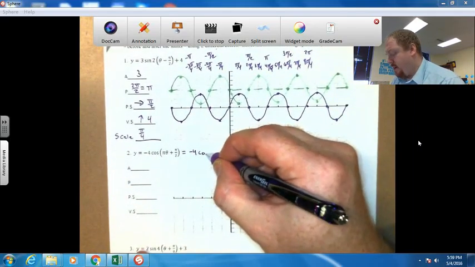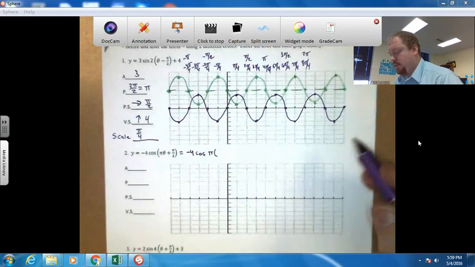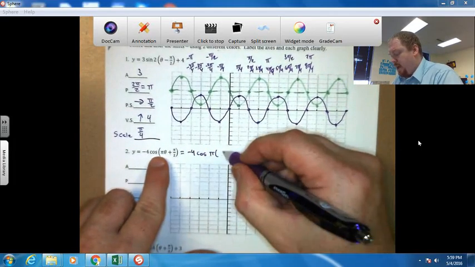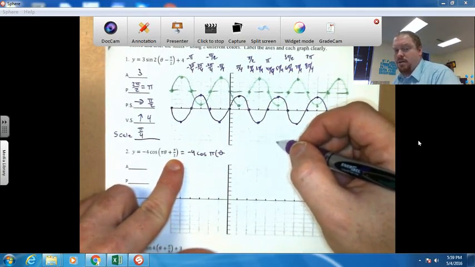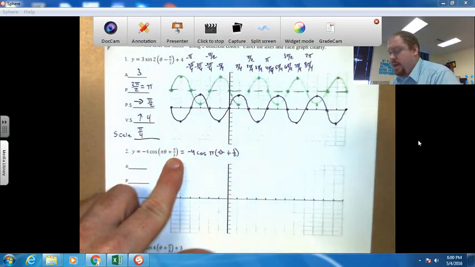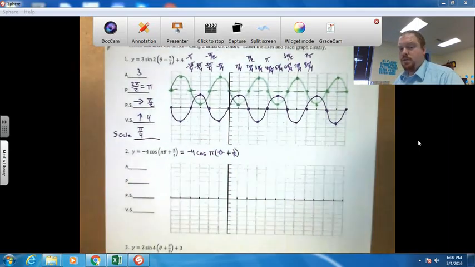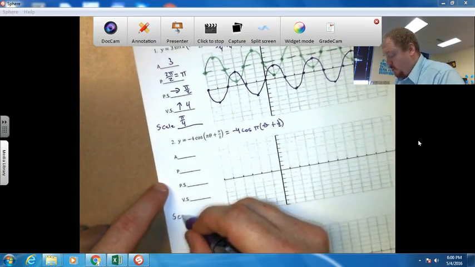But it just goes in front of the parentheses. I took away pi from the theta, so now it's just theta. I took away the pi from the pi over 2, so now it's just 1/2. It keeps the sign.